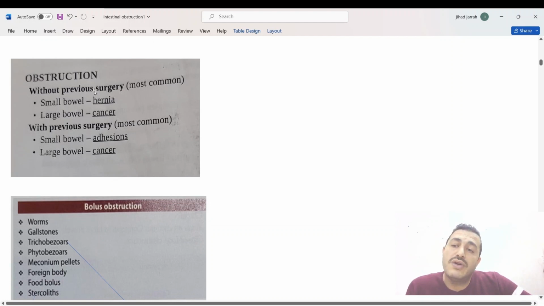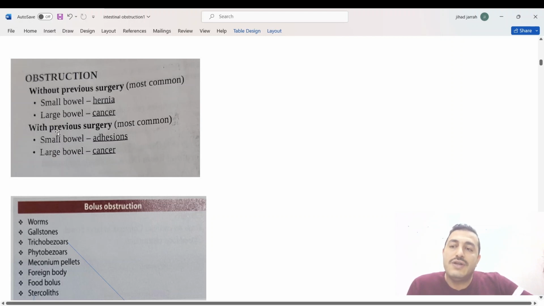Here is one of the pictures, I see it's basic, extremely basic, and I included it in this lecture. You can see here obstruction without previous surgery. If there's no surgery, in the small bowel the most common cause is hernia, while in the large bowel it is cancer. With previous surgery, what they want to say is that adhesion is the most common cause in small bowel.